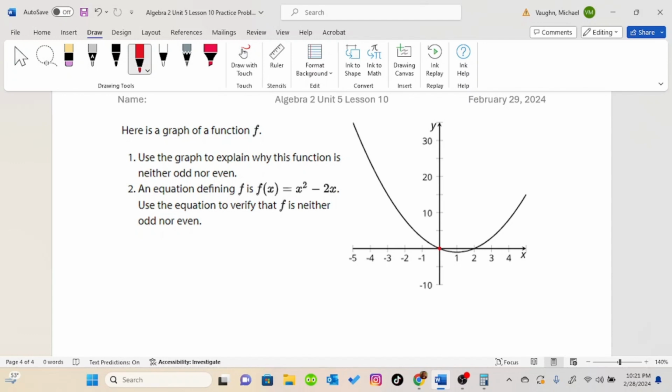But this +2 would rotate around and be at -2. And we would see a parabola that looked like this. So it cannot be odd because when we rotate it 180 degrees or reflect across the y-axis and the x-axis, we do not get the same image back.